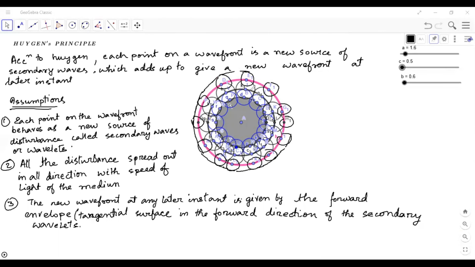This circle which I am drawing now is tangential to all these circles. So in this way, light propagates. Okay. Thank you.